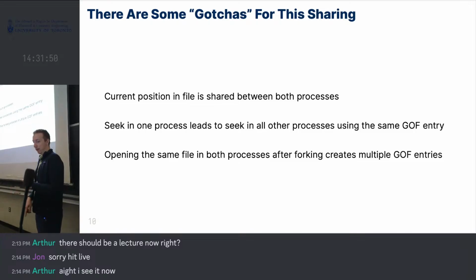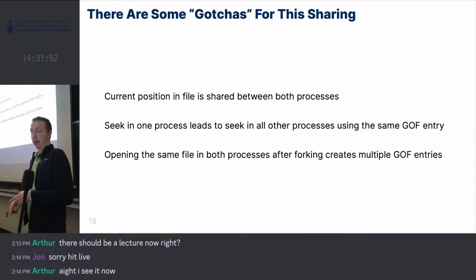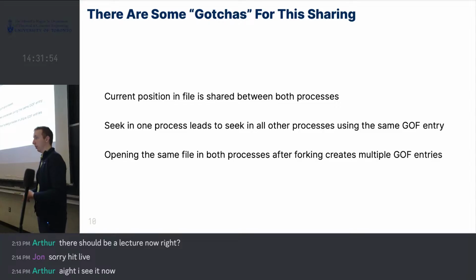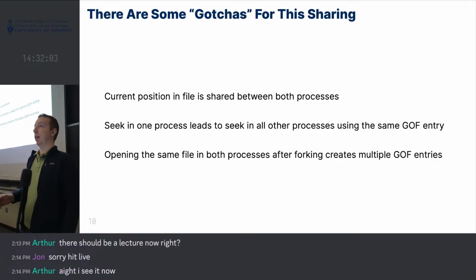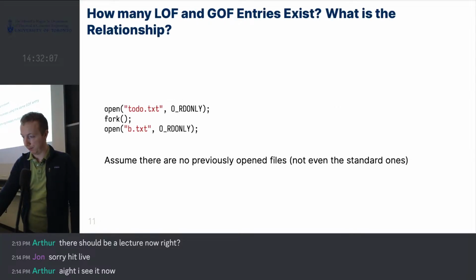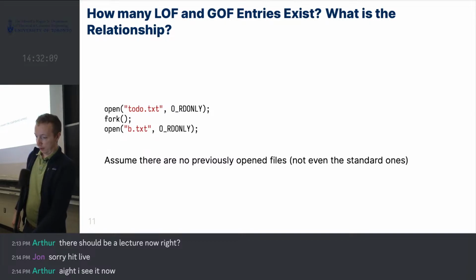If you open the same file in both processes, that would create multiple global open file entries. So if you just call open, or however you get a file descriptor, through a socket or something like that, that will create a new unique entry in the global open file table. So let's look at this example.